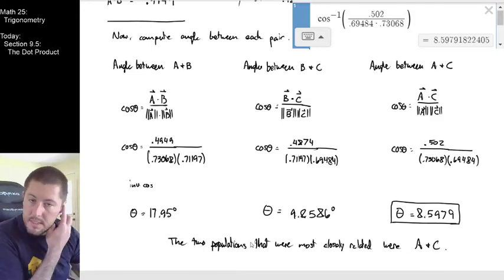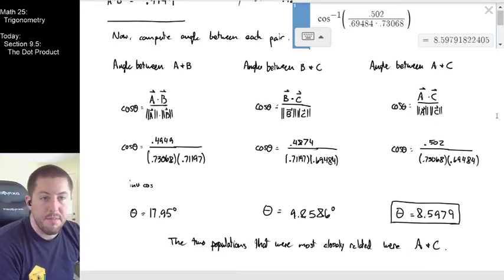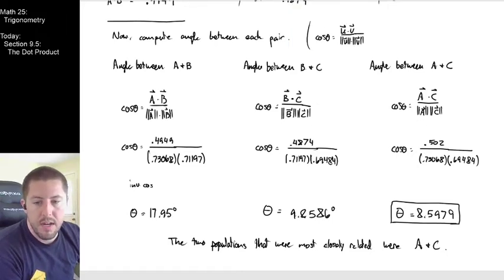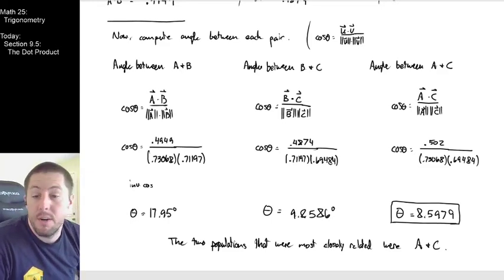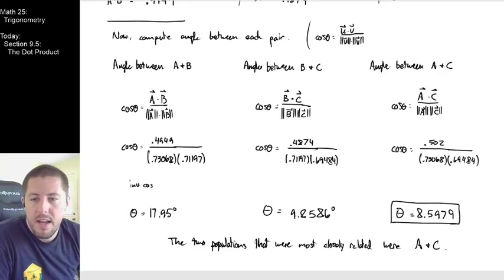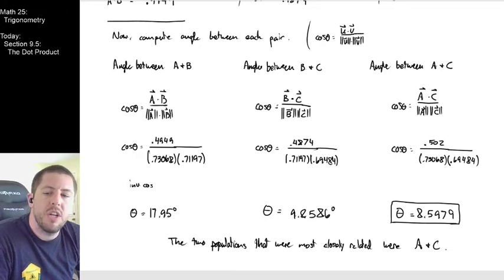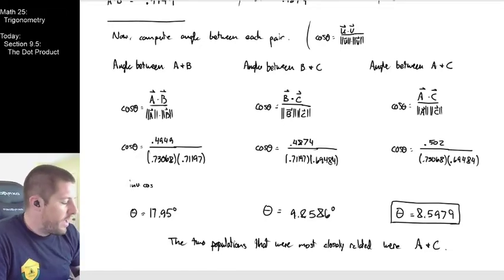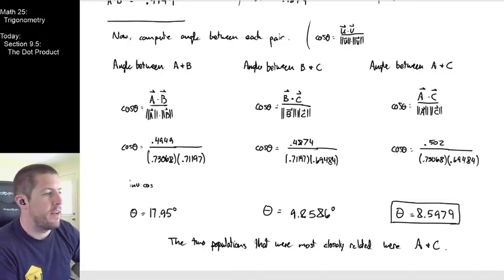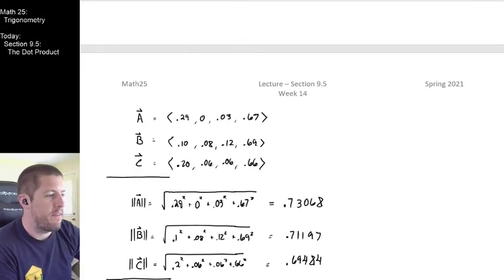And again, this is something that otherwise is very difficult for us to come up with a meaningful way to compute. If you're given just a whole mess of genetic information about a population, or about several different populations, and I said to you, hey, can you figure out based on their genetics who's more closely related to who? What exactly are you going to do, right? And so here, ultimately, what we've done is we have found three vectors in space, and we wanted to say to ourselves, which of those three are pointing in the most similar direction?